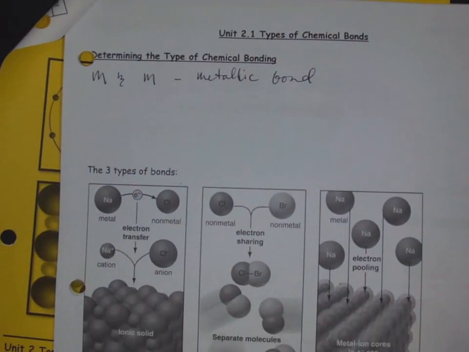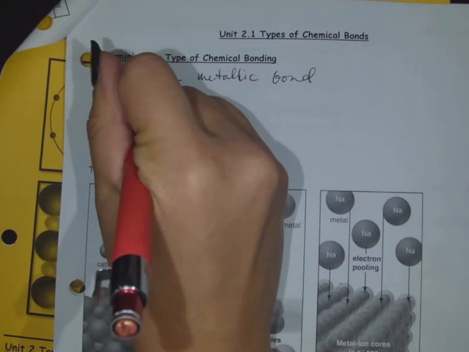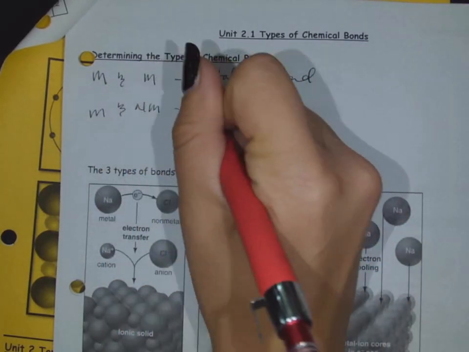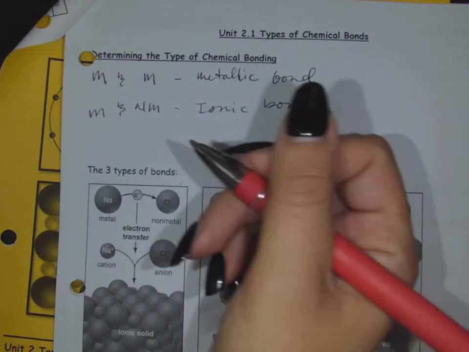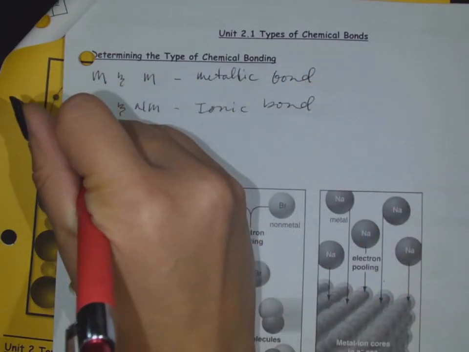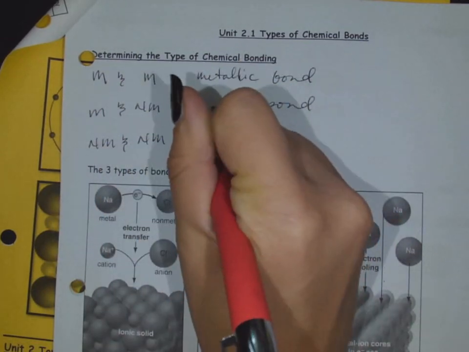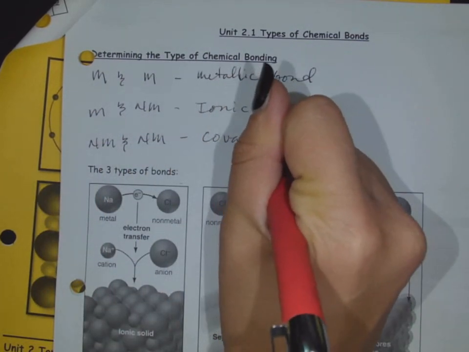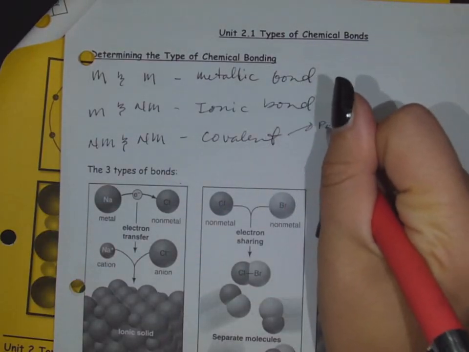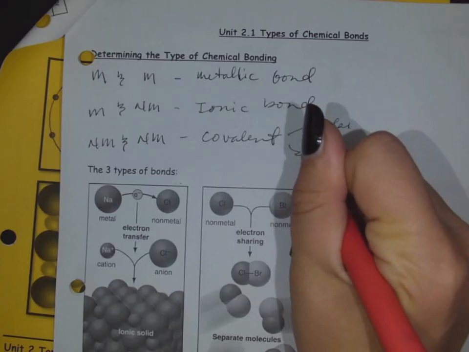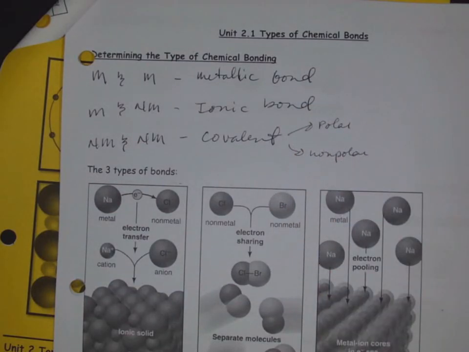Now, if we have a bond between a metal atom and a non-metal atom, this would be an ionic bond. And then our final type would be between a non-metal atom and a non-metal atom, and these are covalent bonds. Now, covalent bonds can either be polar covalent or non-polar covalent, but more on that in just a moment.